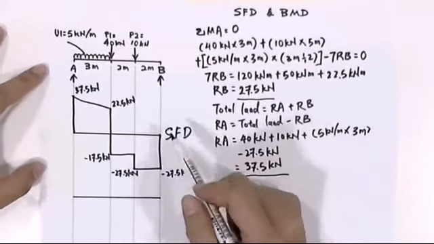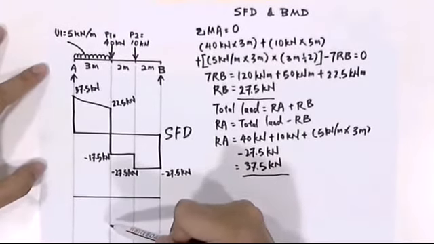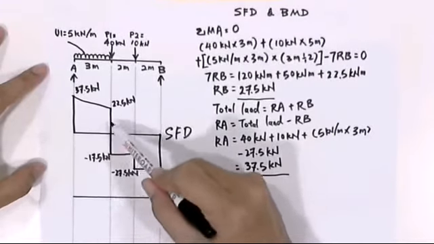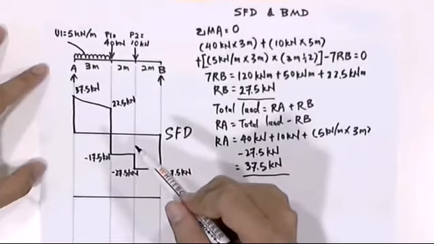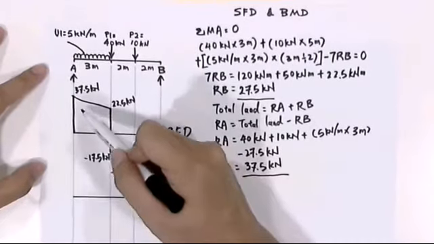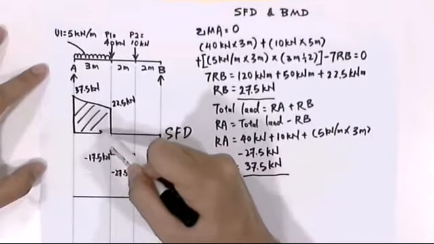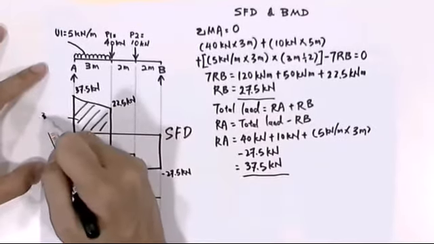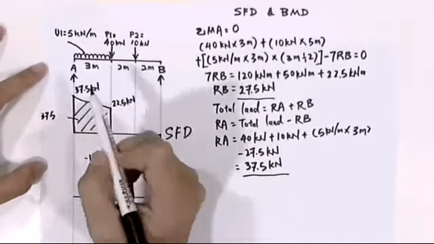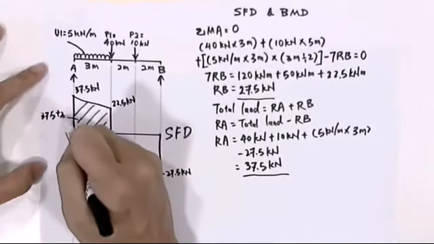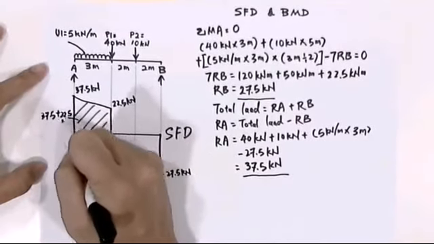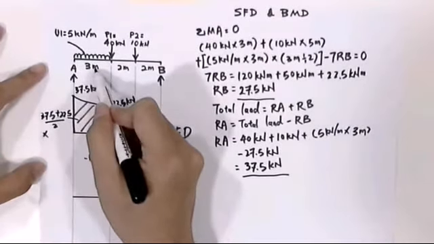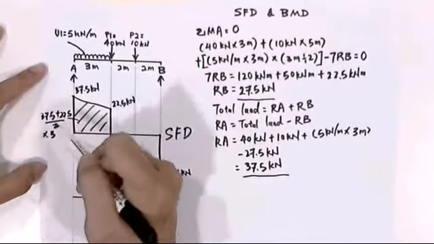As we know, the value of the bending moment is basically the same as the area in our shear force diagram. So let us try to calculate the area for this zone, which is 37.5 plus 22.5, divided by 2, then times the span 3.